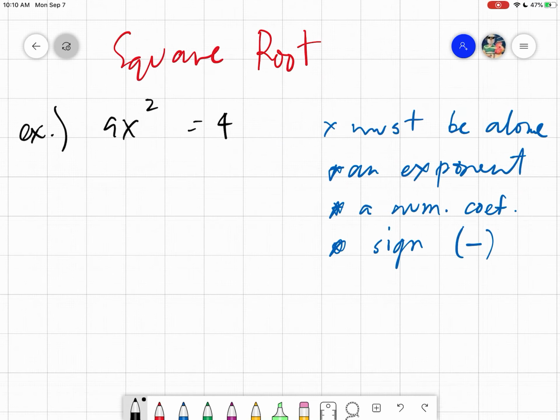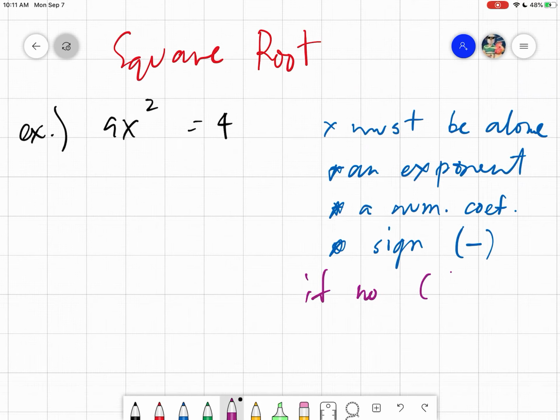Now in this given, you will notice that the value of x has the following values beside it: the exponent of 2 and the numerical coefficient of 9. So we need to eliminate the number and the exponent. Basically, in the square root method, we do the square root last if there are no parentheses.